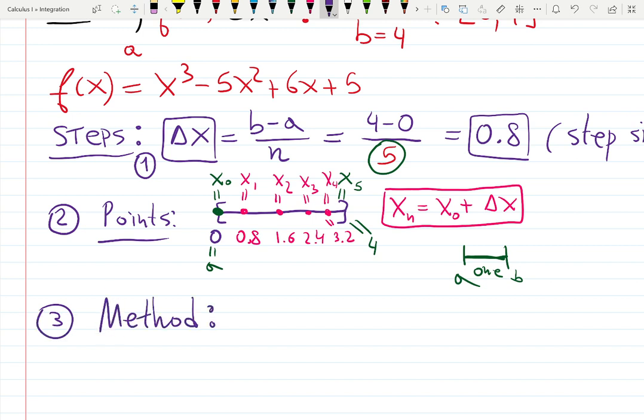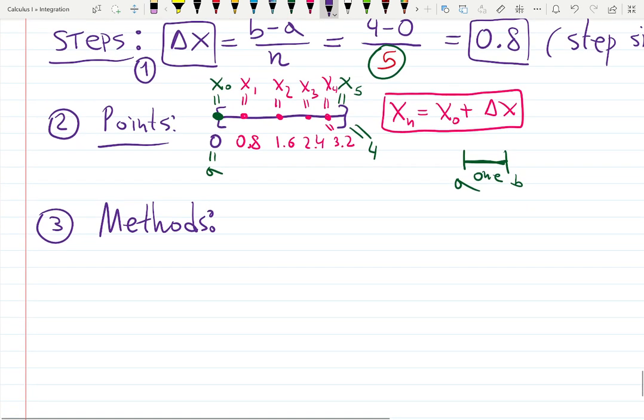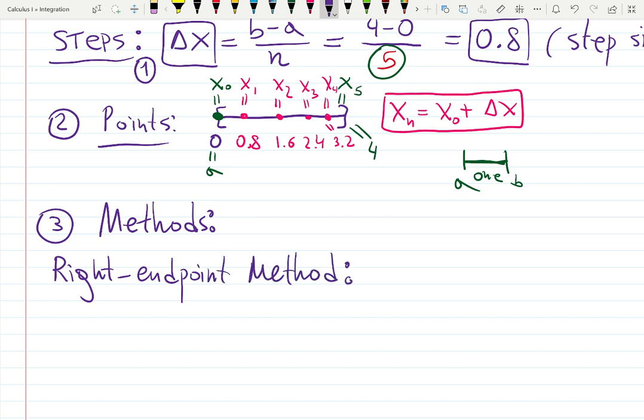Methods. In this case, we're asked to do the right endpoint method. So the notation is R. Actual notation is not very universal.